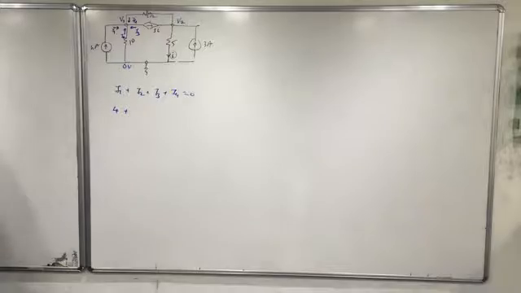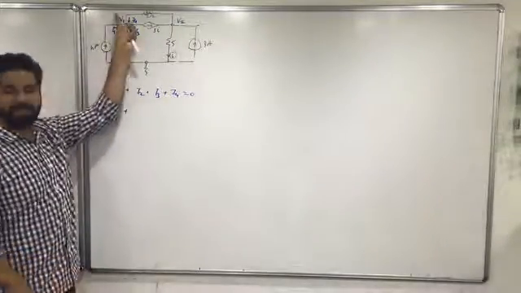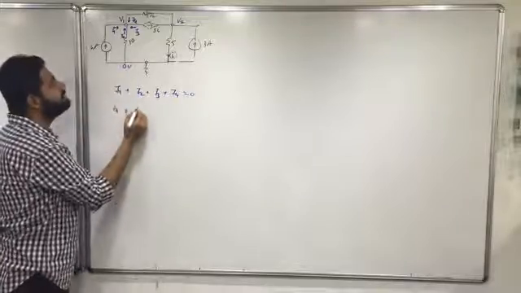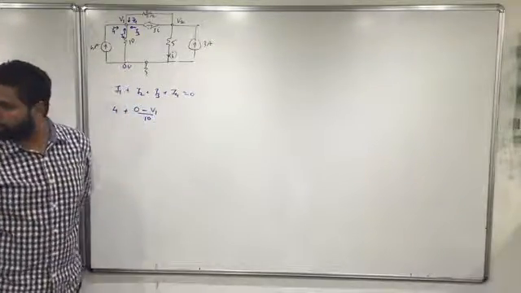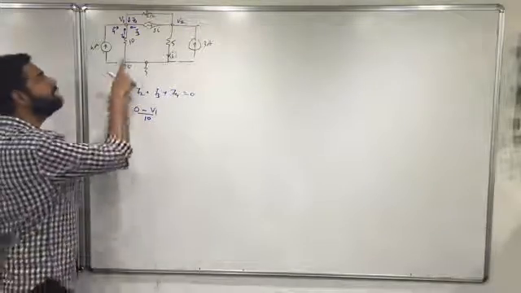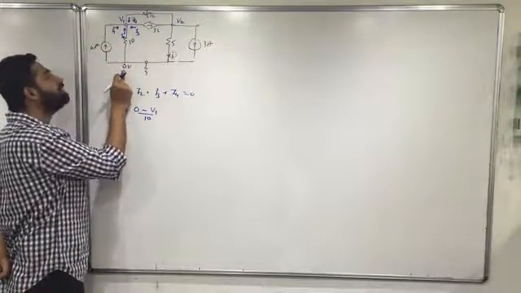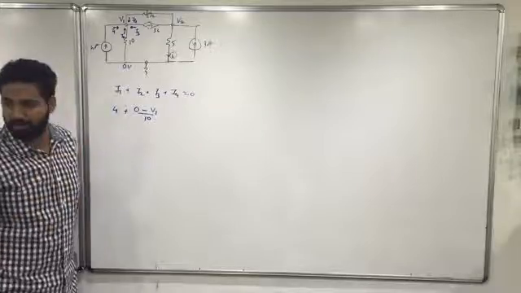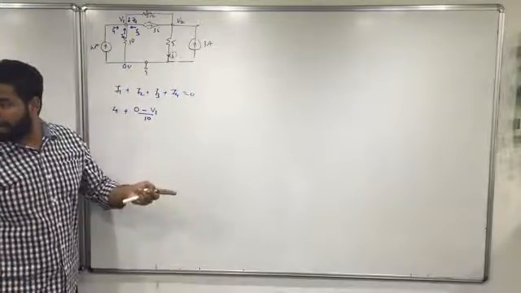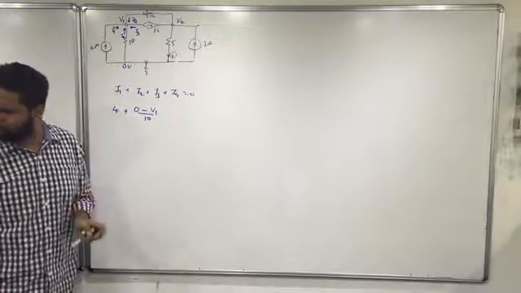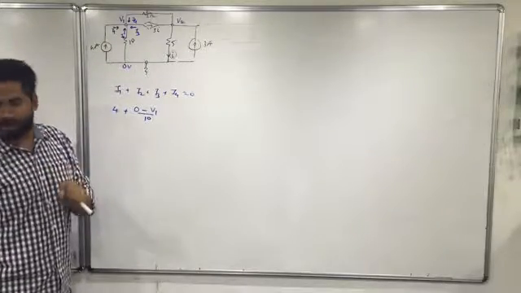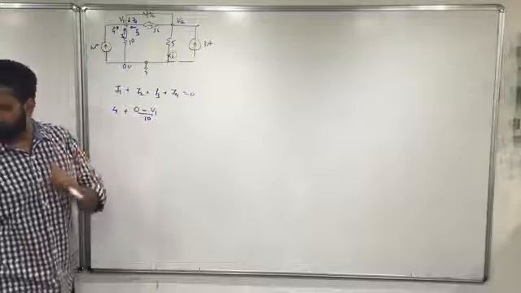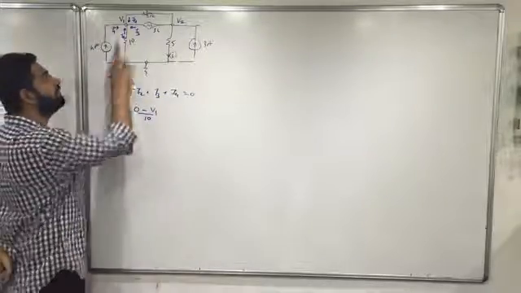So I can say that this current is given as 0 minus V1 divided by 10. Current is flowing like this, so this is higher potential, this is lower potential. According to the direction we have considered, this is higher potential and this is lower potential, and that is the reason why current is flowing this way.